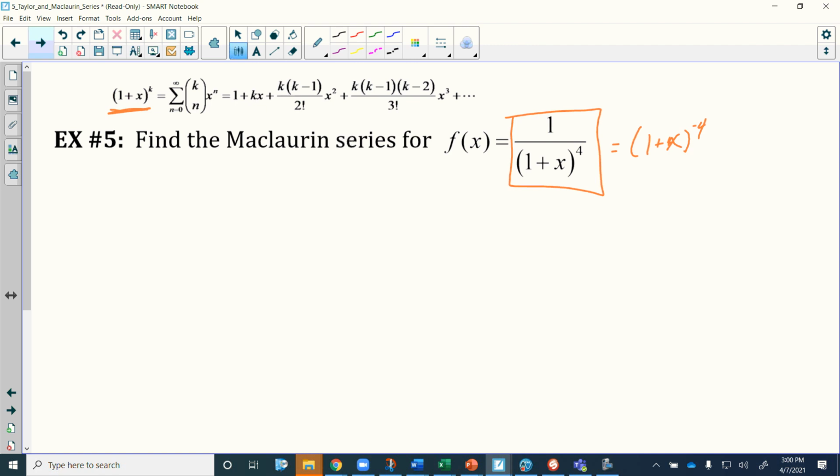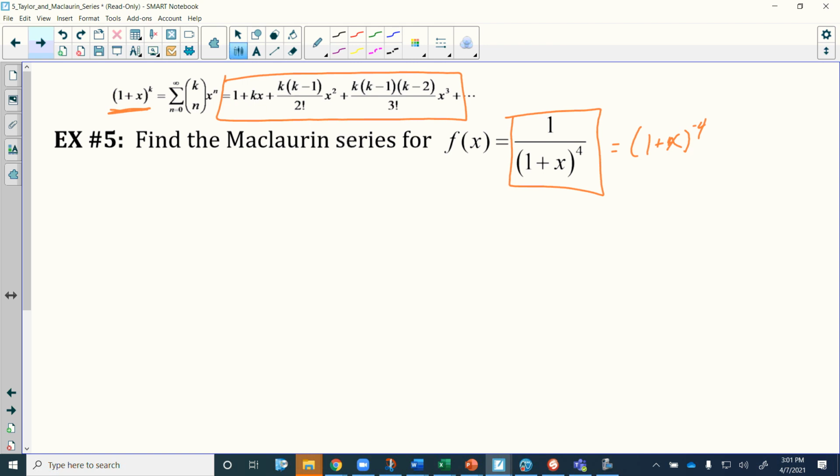Now it says find the Maclaurin series in this case, and I don't know if we're going to really write it as a series as opposed to just writing it out. Let me double check whether I want to write this out as a series, because this is what it's asking us to do: expand it out.